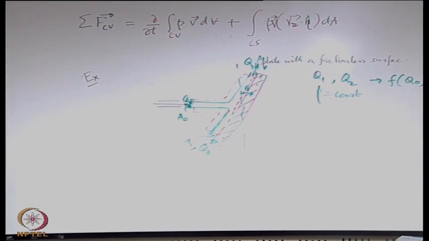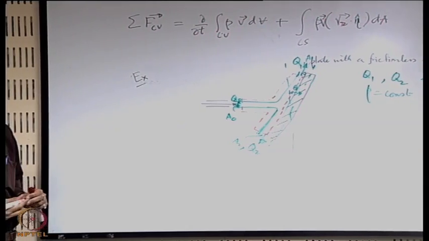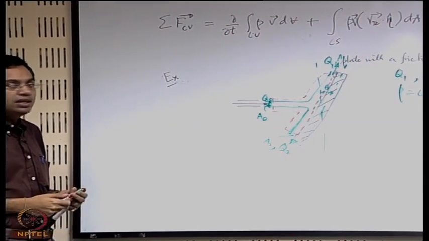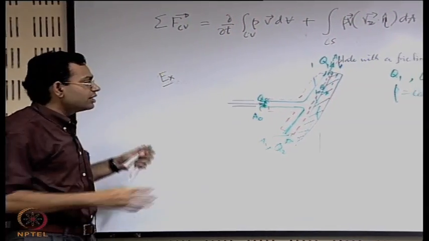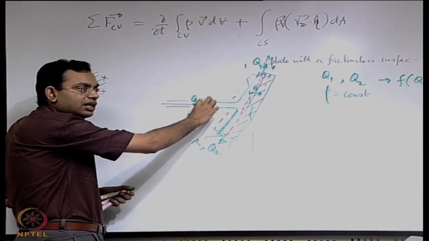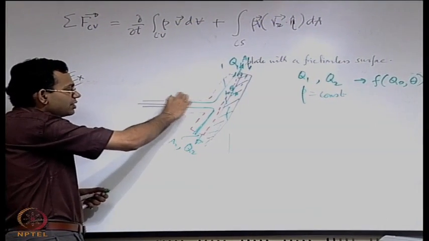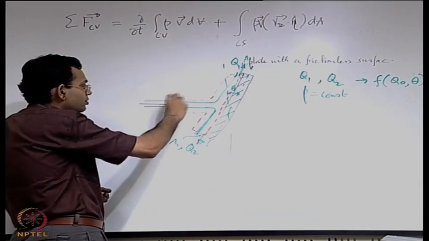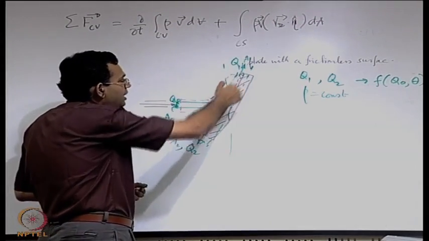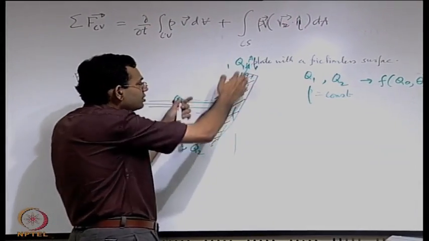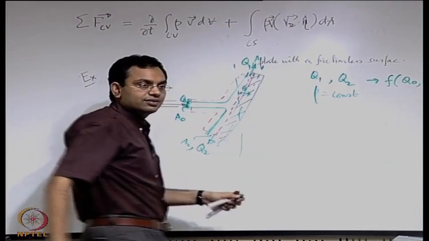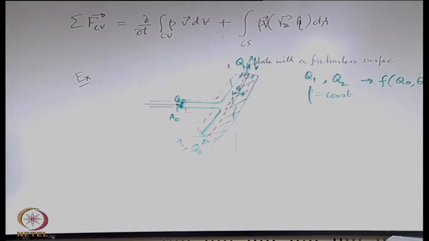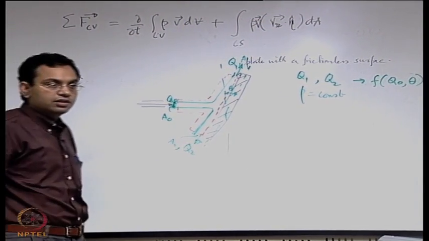These are the parameters which we do not know, because these are not within our direct control. What is in our direct control may be this area, because this depends on the ejected jet from the tube or the pipe, whatever nozzle, but when it comes on the plate and moves, this depends on many other things. So directly we cannot say, but one thing we can say is that the mass will be conserved.